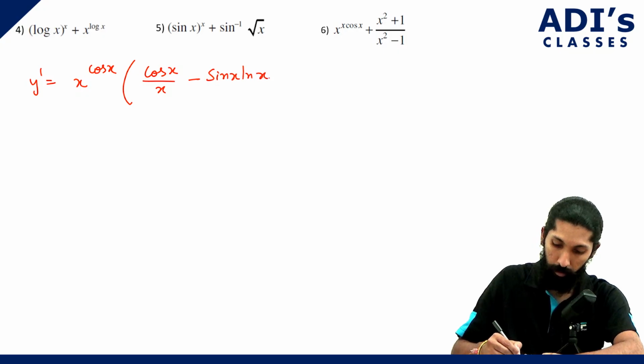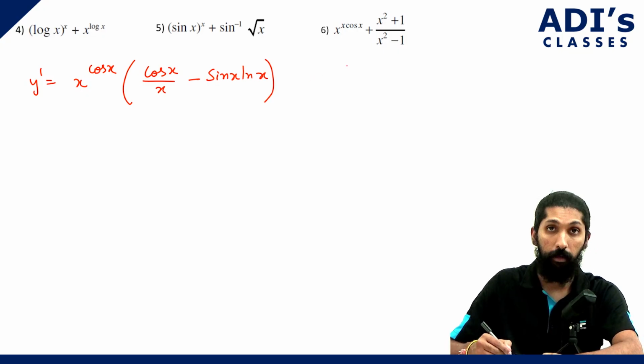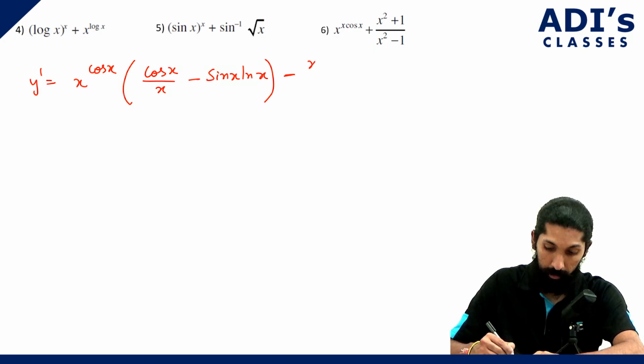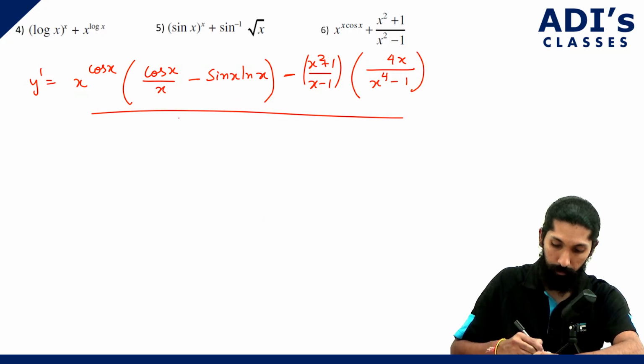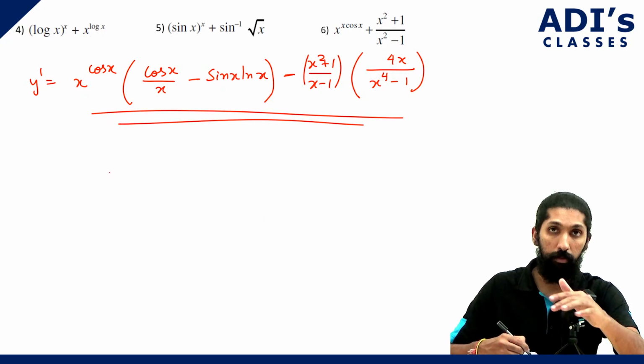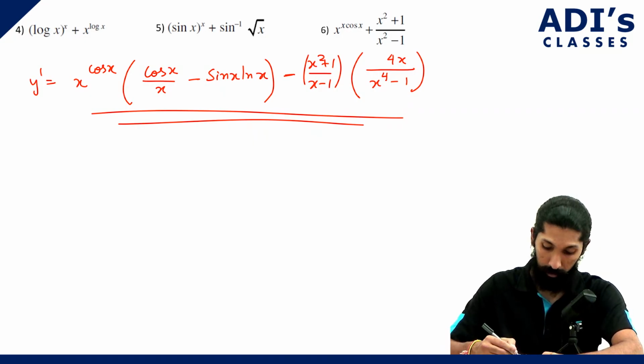Now you have a negative sign: minus x square plus 1 by x square minus 1 into 4x by x power 4 minus 1. This is the answer for y dash. So this is the answer for the sixth one. Fair enough? Let's do the next one.